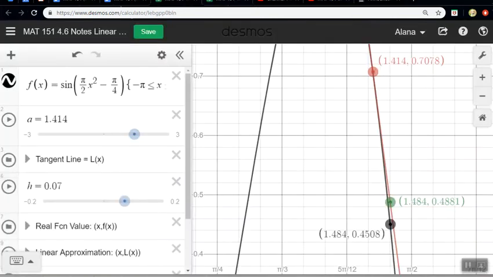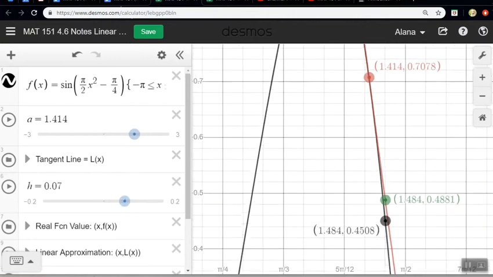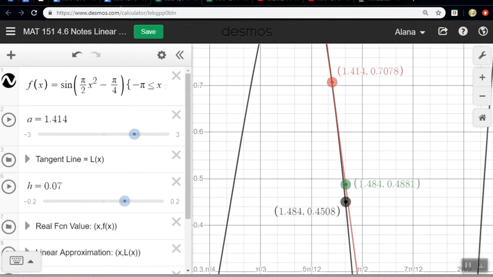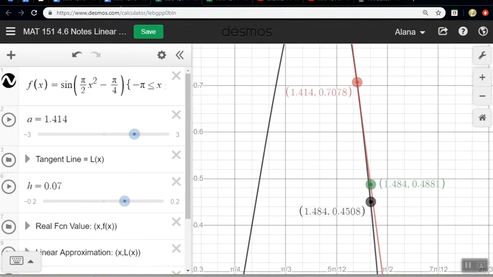I can also show it to you on this other graph here because I have them established. So you can see h is my distance from that point. So everything's built from 1.414. And you can see how far apart the points are now. Look at the y values, 0.488 to 0.405. If I let h get smaller, if I let those points get closer to the basic a equals 1.414, they're closer together.